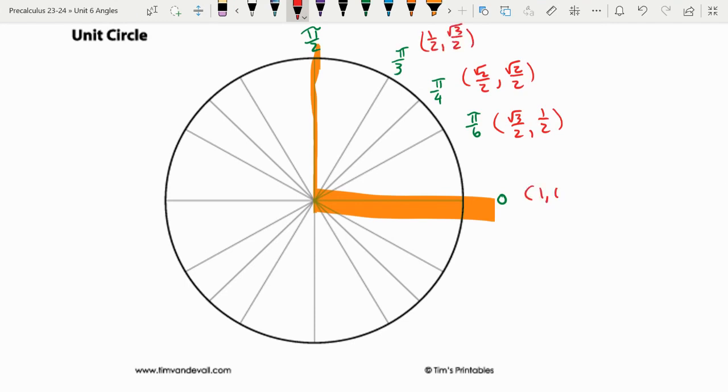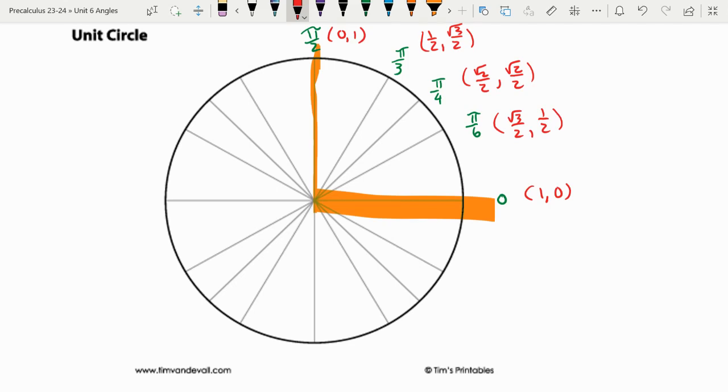This one was 1, 0, and this one is 0, 1. Do I know enough to build the entire unit circle? And all I have to do is count and know where x and y are positive or negative. Okay? Does that make sense? Again, I haven't taught you how to use it yet, but do you understand that?